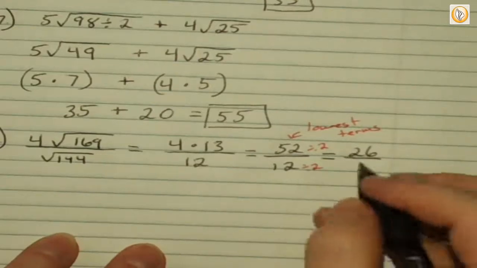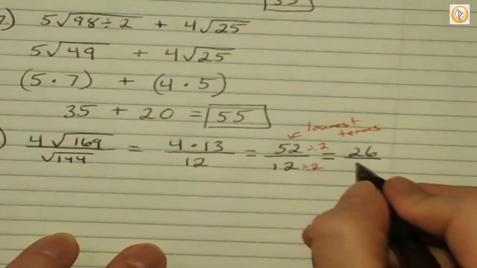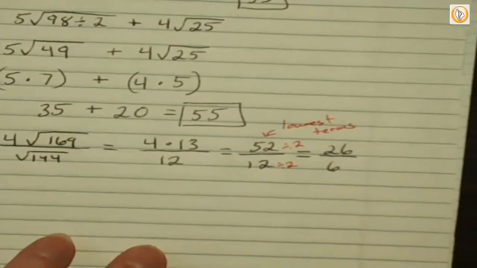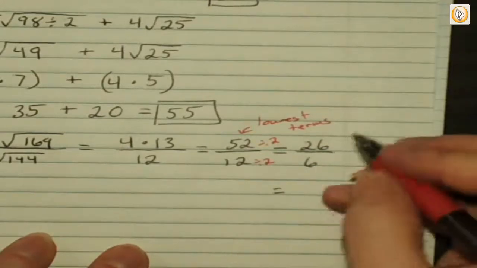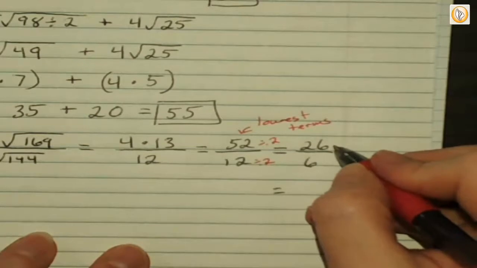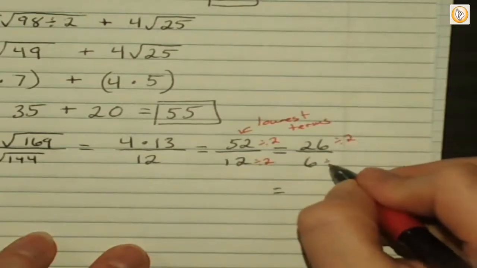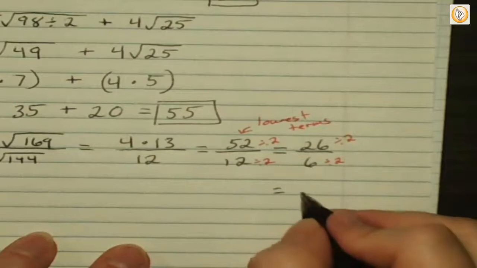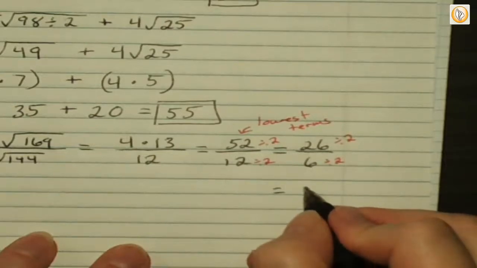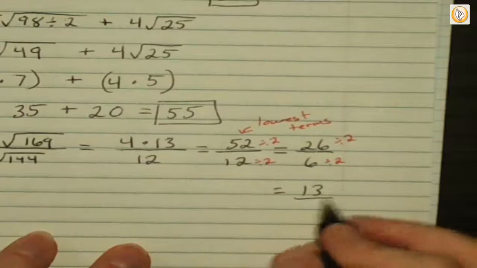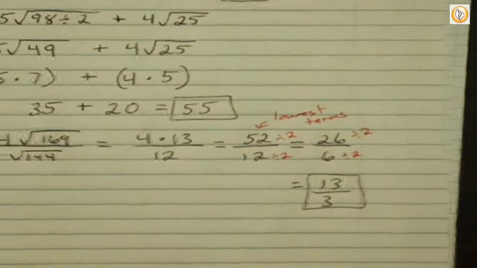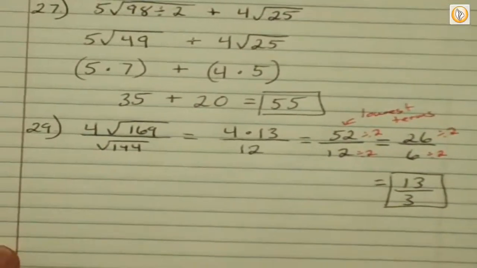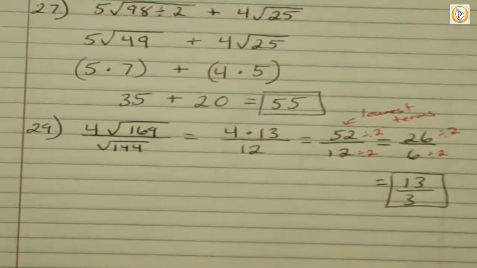Good. And 12 divided by 2 is? 6. All right. Is that it, or can we reduce it further? And what are we dividing by? 2. Okay, let's do 2 again. 26 divided by 2 is? 13. And 6 divided by 2 is? 3. And that's as low as we can get. You do not have to put it in decimal. You do not need to put it in mixed number. You can just leave it as an improper fraction.